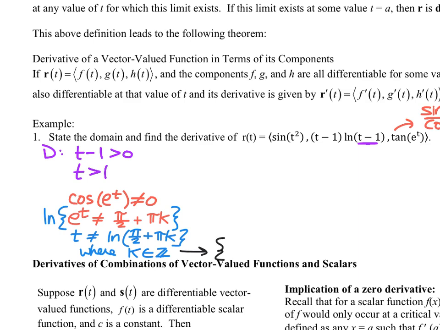Squiggly brackets, I would be stating that my variable is t such that t is greater than 1 and t cannot be equal to the natural log of all that crap.